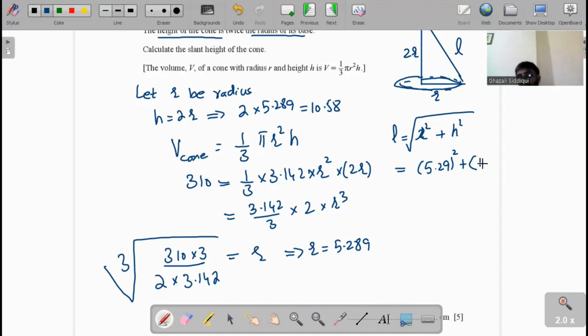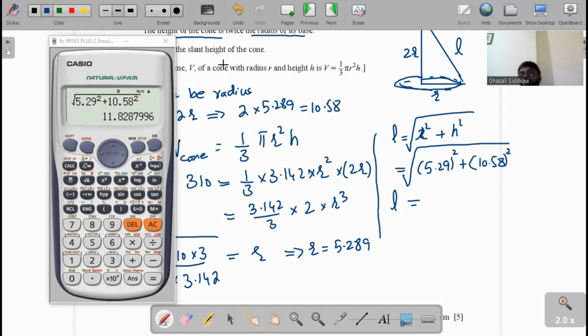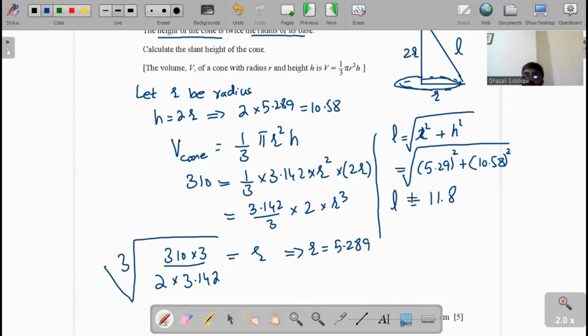Now the height is 10.58, squared, and taking the square root, we see that 5.29 squared plus 10.58 squared, and the square root of this we get 11.82. 11.8 is the answer. And next question.